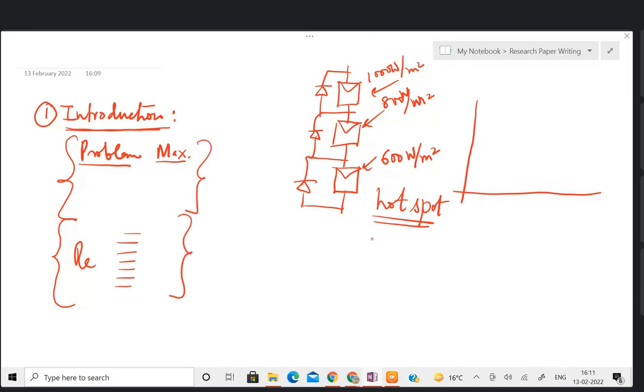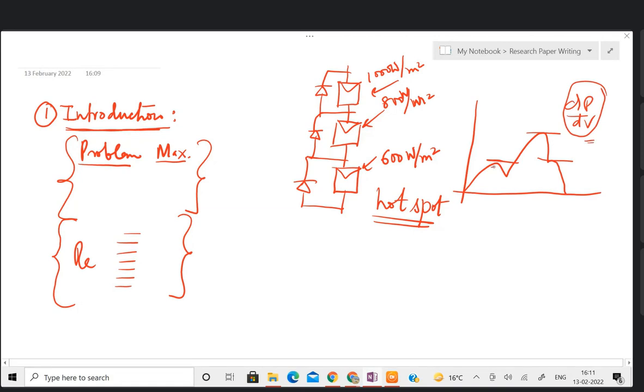In this case, there are multiple peaks, so the dP by dV method of obtaining the maximum power fails here. Then we have to do something else, and that's where your work will come. You have to think over how we are going to find out at which value of voltage we are getting the maximum power.